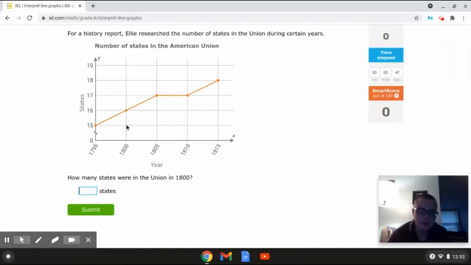If we count up, it looks to me that this part of the line graph is on 16. Therefore, 16 states were in the Union in 1800. So the answer for this problem is 16, because we took a look at the line graph and saw that there were 16 states in the Union in 1800. And that is how to solve this problem. So I'm going to be doing one more with you guys.